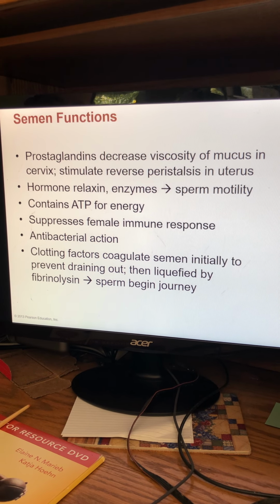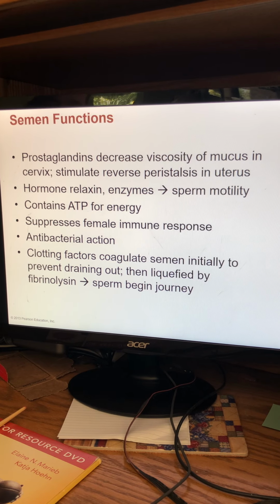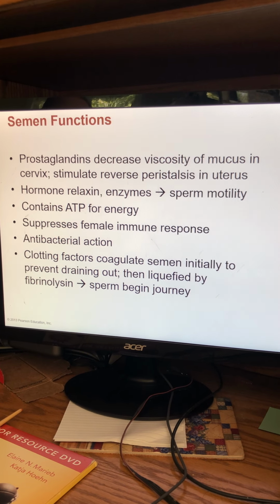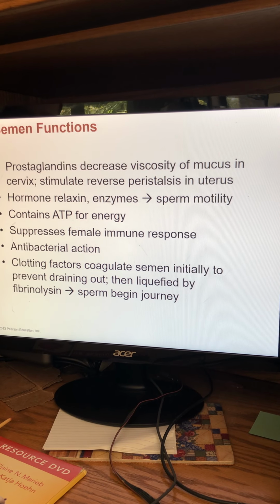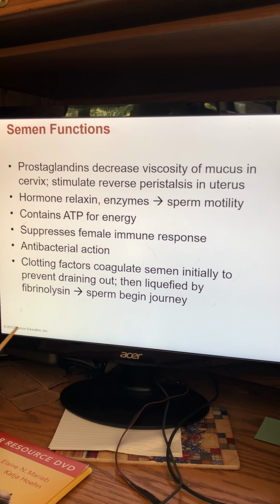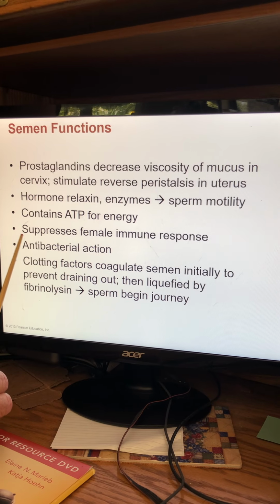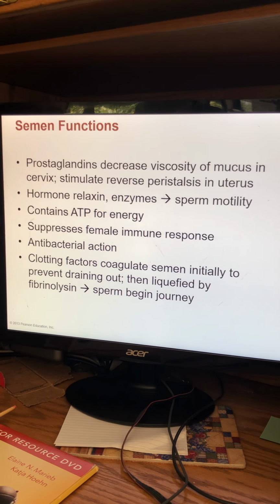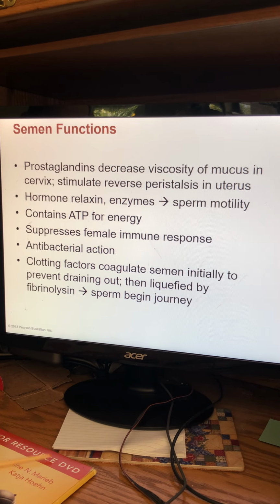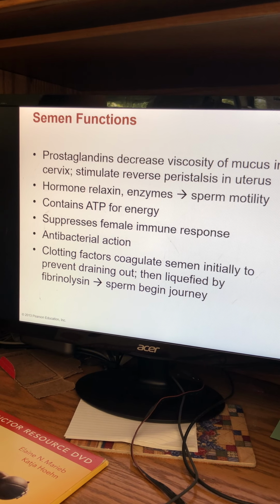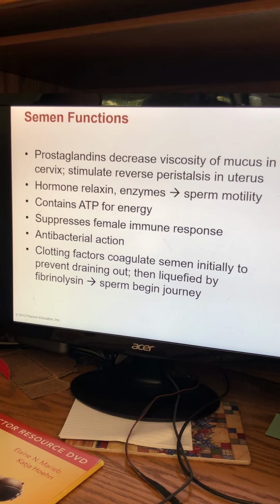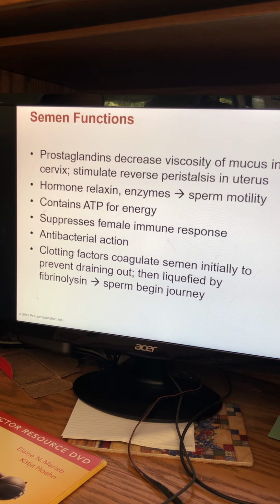The semen's functions are basically going to be keeping the sperm alive. So it's going to activate the ATP for energy. And this one's interesting. In addition to that, it's going to suppress the female immune response. As I mentioned a couple minutes before, the female doesn't want this foreign stuff inside of them, and they're going to try and kill it.